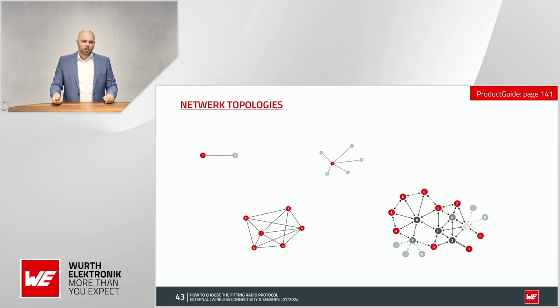Or do you want to realize a master-slave star concept, because you have a master, a gateway solution? Or do you have some kind of mesh where everybody can talk to everybody? This also has an influence on your decision.